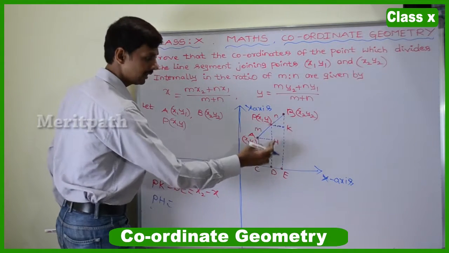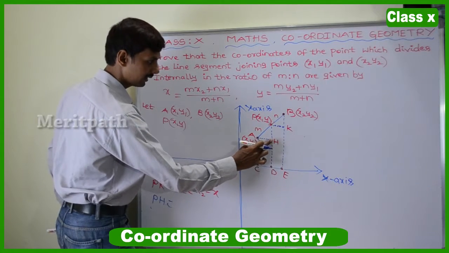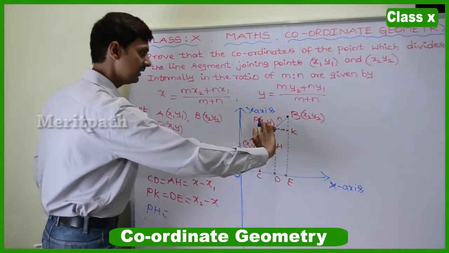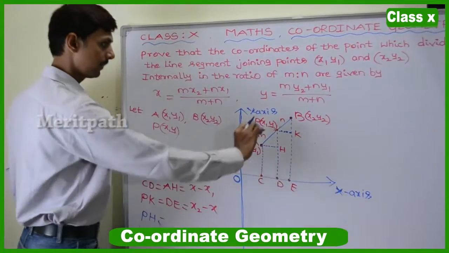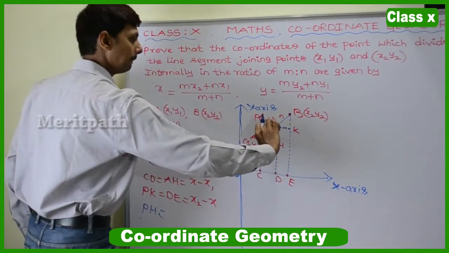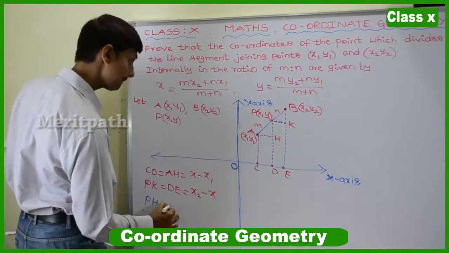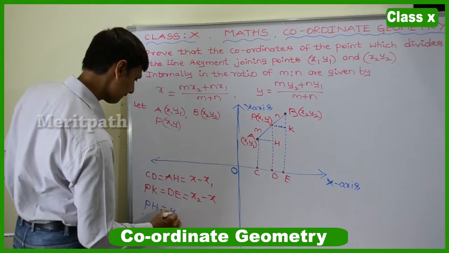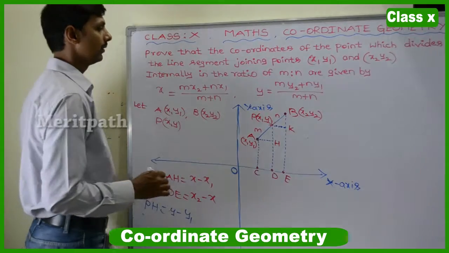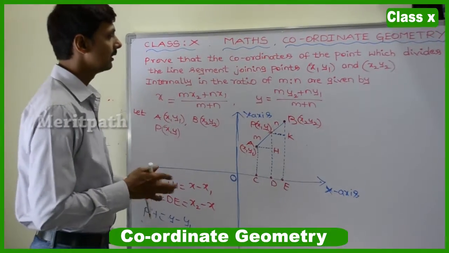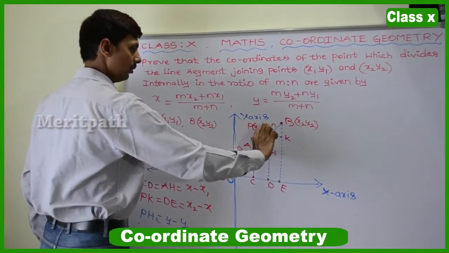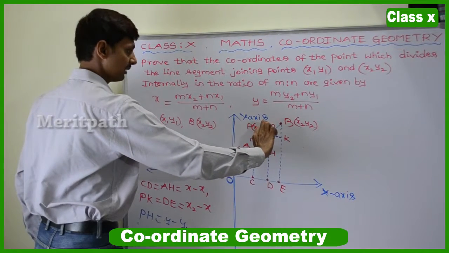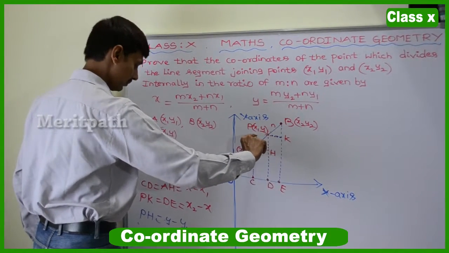Here the y coordinate is y, and the y coordinate here is y1. So the distance between these 2 points, PH, is y minus y1. So we found the distance between the y coordinates, that is y minus y1.